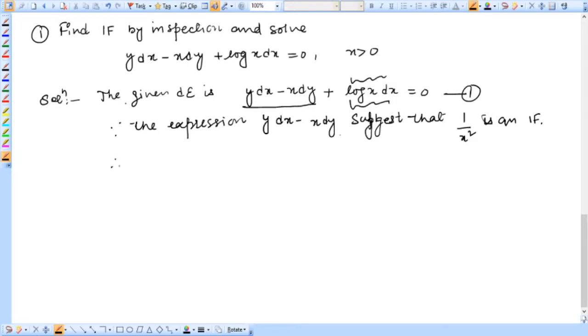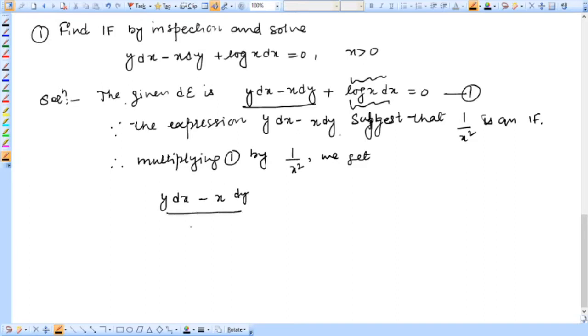Therefore, multiplying by 1 over x square, we get (y dx minus x dy) over x square plus log x dx is equal to 0, right?